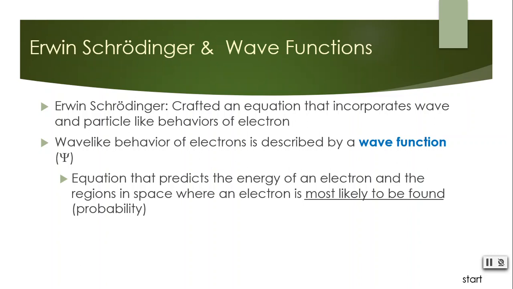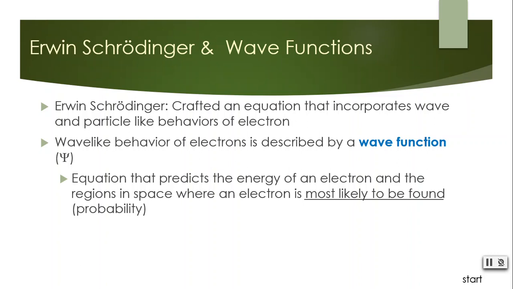So if you think back to our previous conversations, we now know that electrons have particle-like properties. We saw that with the photoelectric effect. We were able to calculate energy associated with transitions of those electrons, particularly in a hydrogen atom.